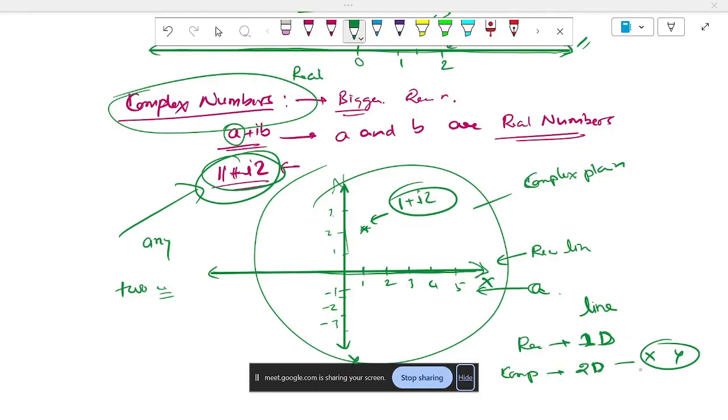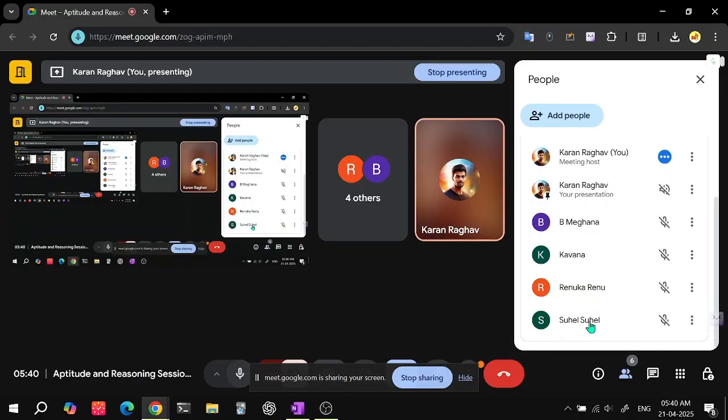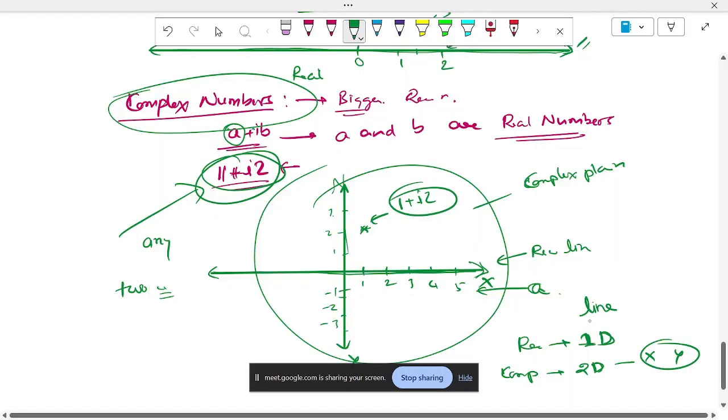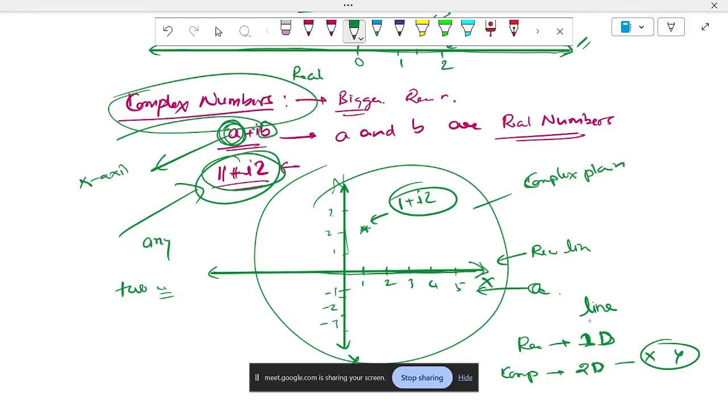I hope this one is clear. I hope you understood how we represent complex numbers. The complex number format is a plus ib, and for representing a we will use one axis, the x-axis, and for representing b we will use the y-axis. To represent 1 plus i2 you will mark the point 1 comma 2, and that will be our 1 plus i2.